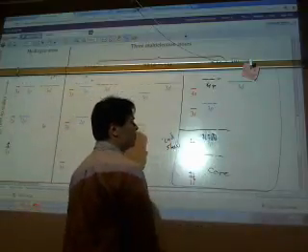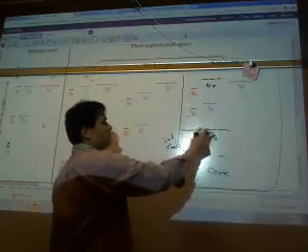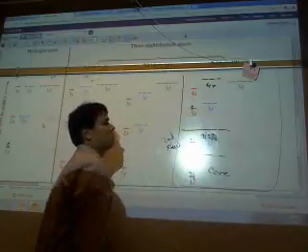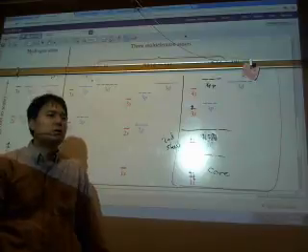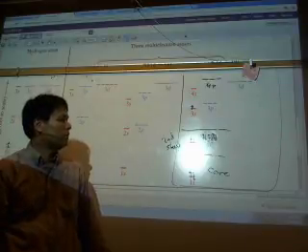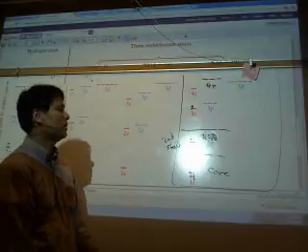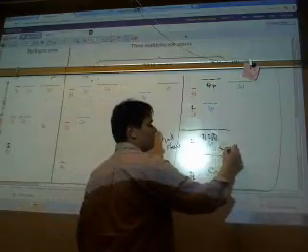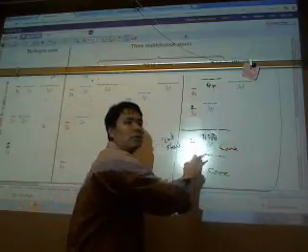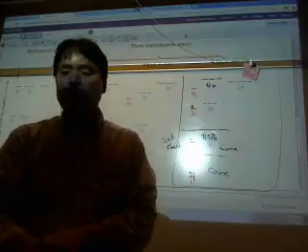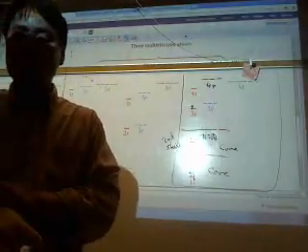Once we start filling the next shell, so we go from neon to sodium, we're at sodium here, then this becomes a core. Now, when you think about core, filled shell, what is a filled shell?